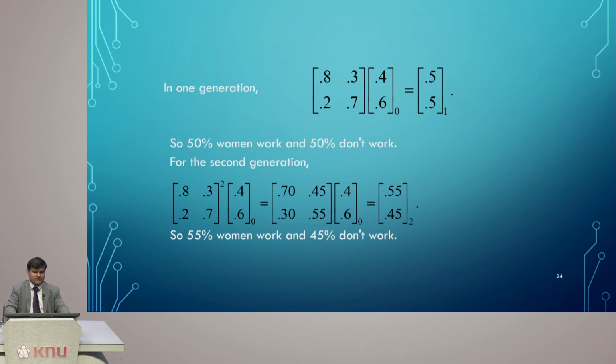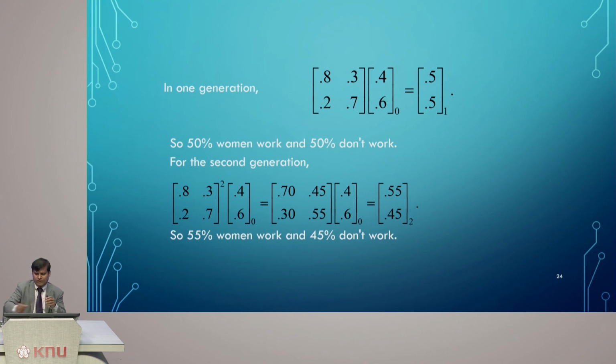As far as this Markov chain is concerned, from one generation to another generation, you can consider this whole process as linked together with chains. So that's why we call it a Markov chain.